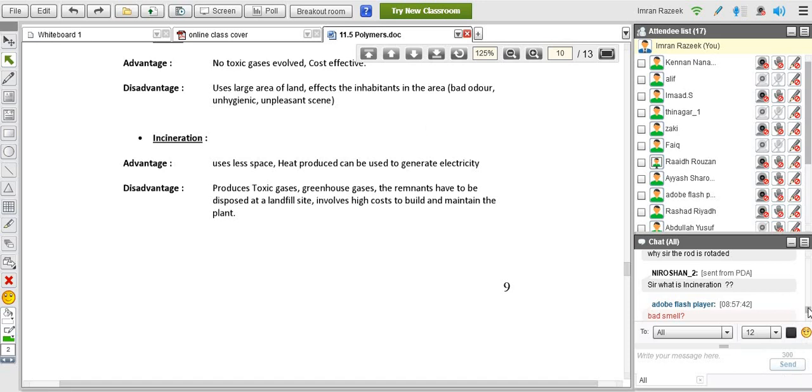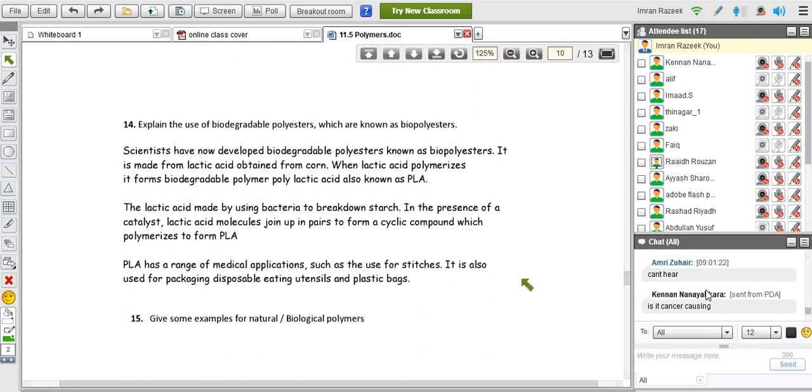As for disadvantages, they overcome the advantages, in fact. Toxic gases evolve during this process, and there are greenhouse gases, and the remnants after heating should be buried in the landfill sites. Of course, they are carcinogenic, cancer causing, right? So those are the disadvantages and advantages of disposing of non-biodegradable waste.